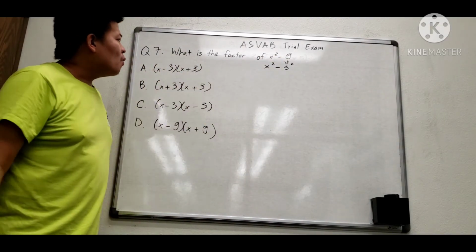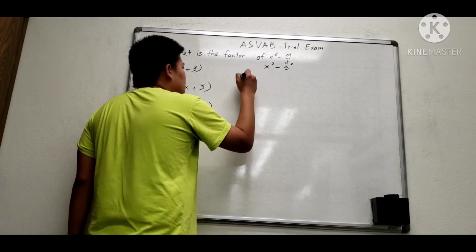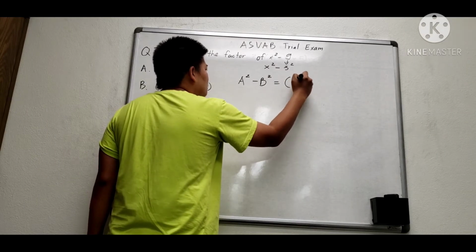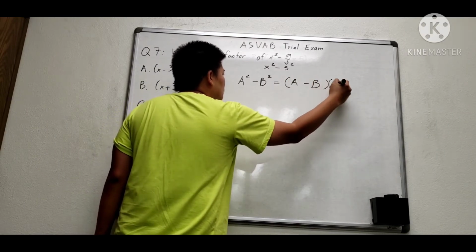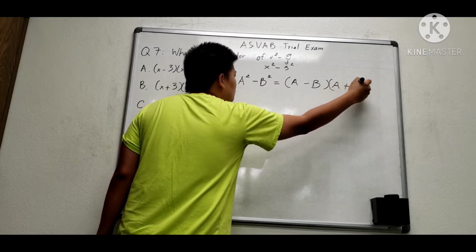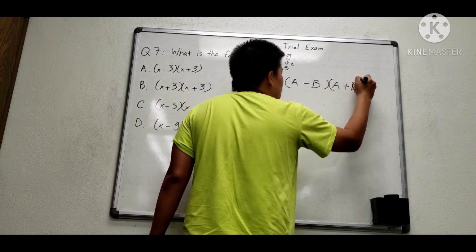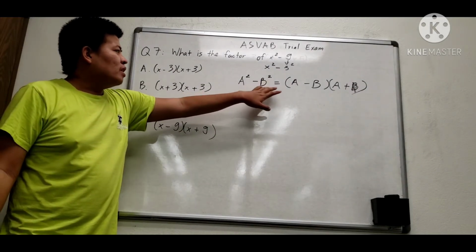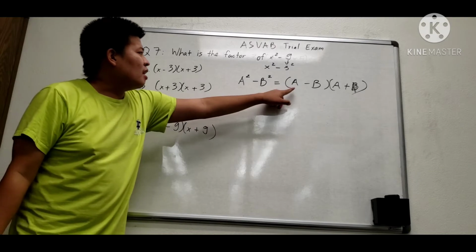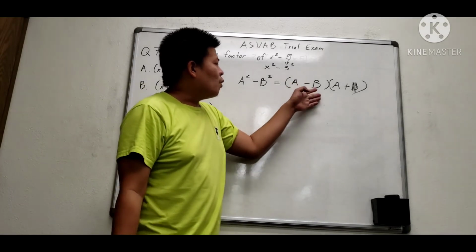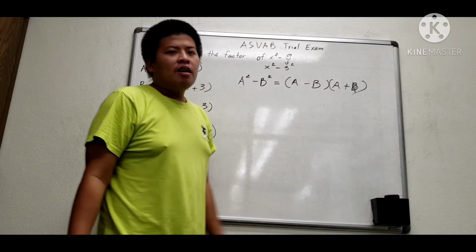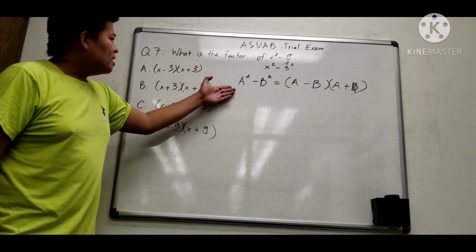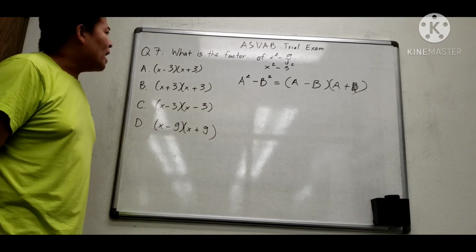In this question, we will apply this formula: a power 2 minus b power 2 equals (a minus b) times (a plus b). This is the basic formula for the identity.